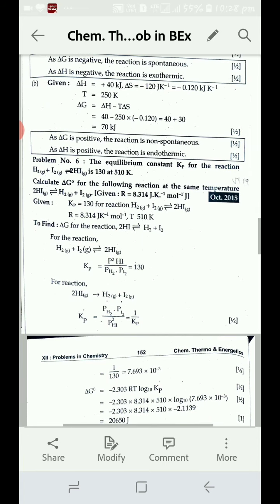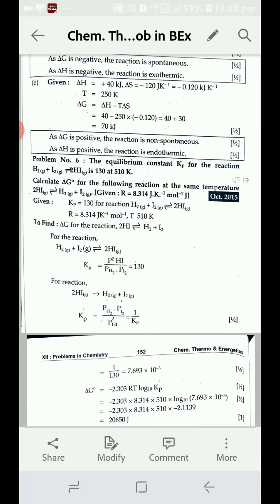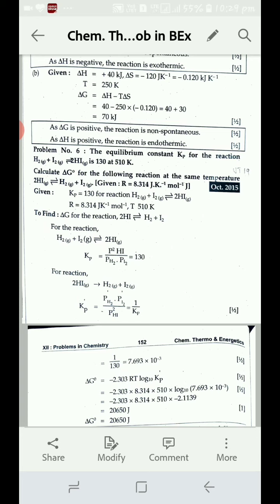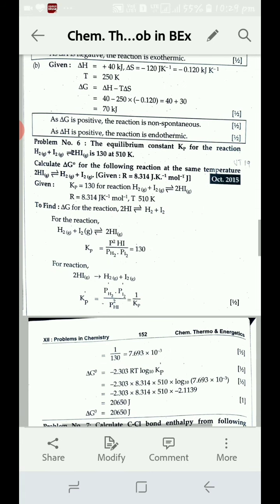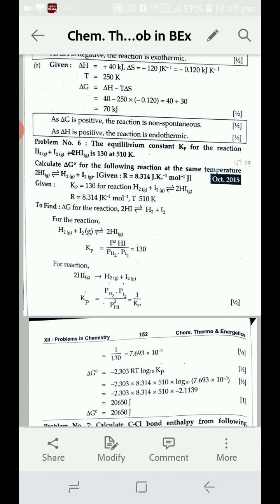So your answer is 20,650. So check the marking scheme. In this way you have to solve the numerical. Don't skip the steps. So that is the standard Gibbs energy change.